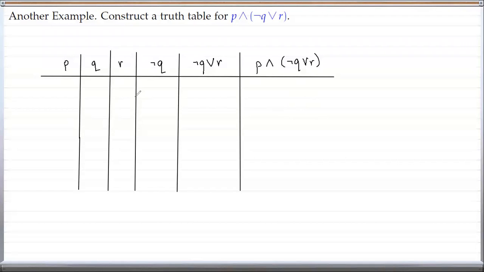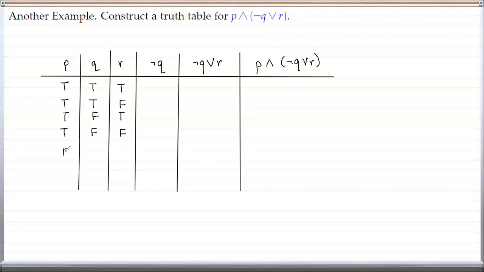All right, now we want to look at all the possible combinations of truth values of P, Q, and R. They all can be true. So one combination is true, true, true. Another combination is true, true, false. Another combination is true, false, true. Another combination is true, false, false.